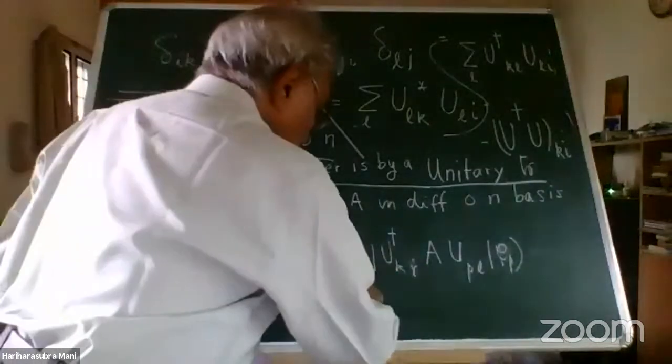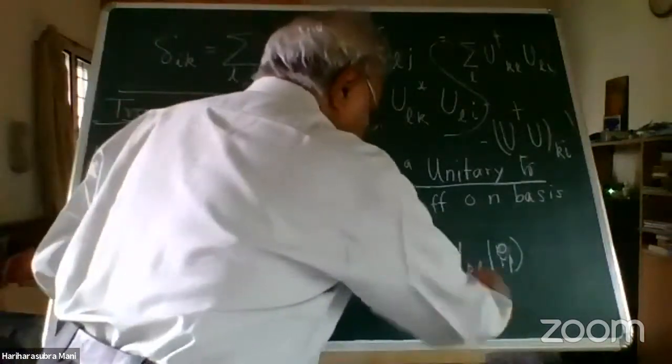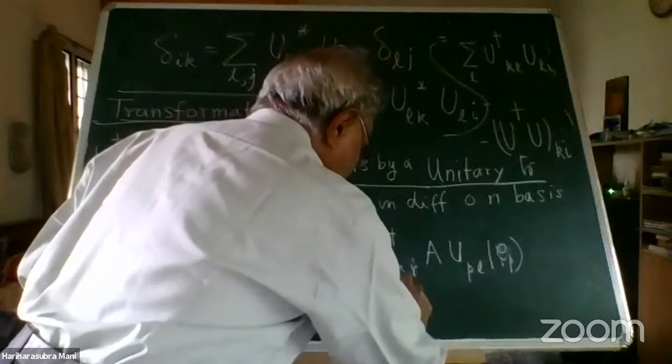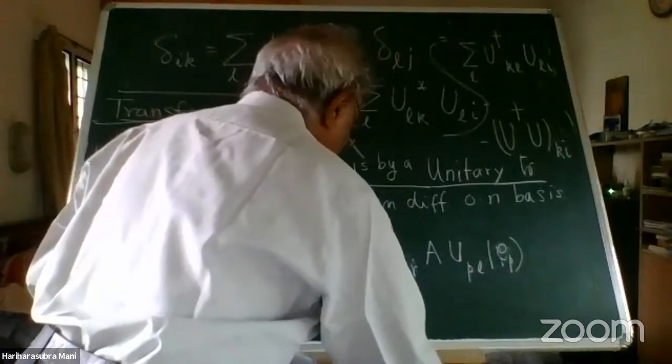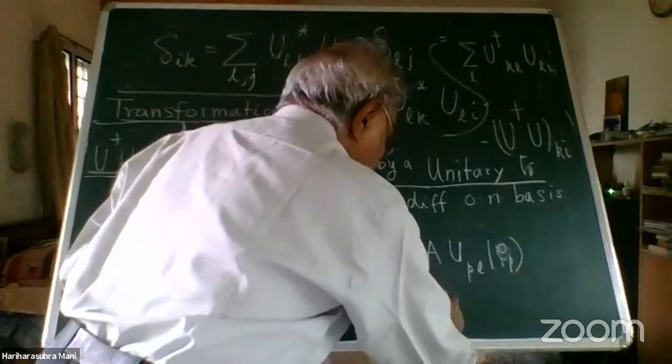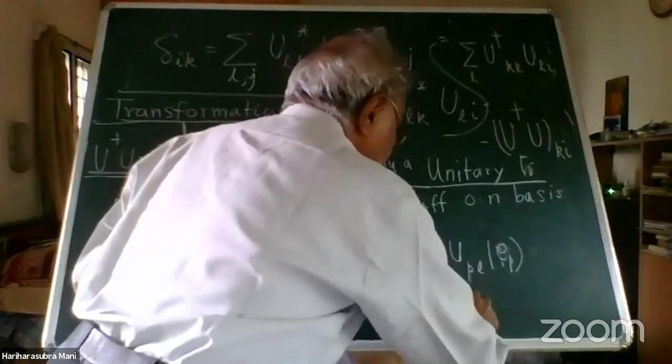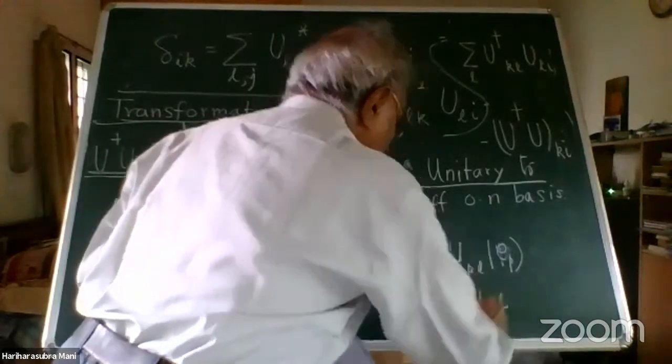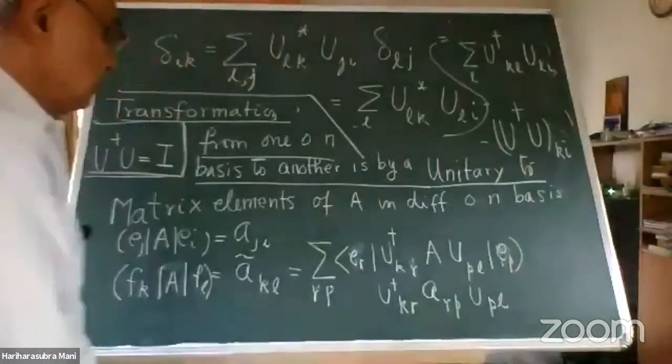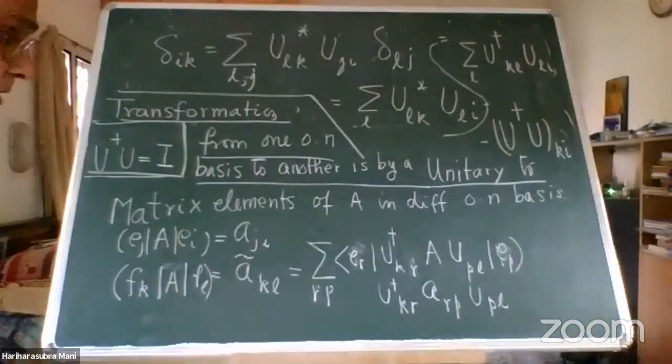So this is E_RP. So this is U dagger KR, A_RP, U_PL. So what do you conclude from there?